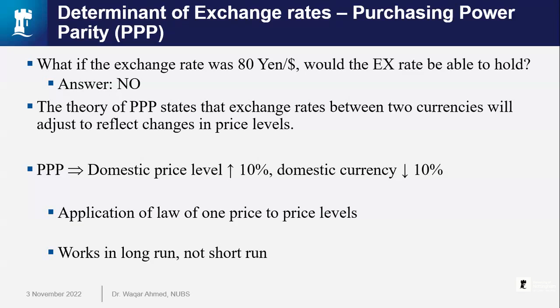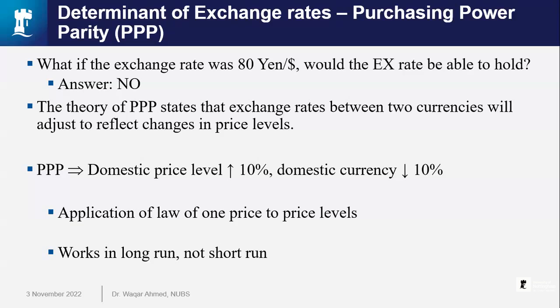So what is this theory of purchasing power parity? It states that exchange rates between two currencies will adjust to reflect any changes in price levels between the two countries. For example, if domestic price levels increase by 10%, you can think of this as inflation, so prices in that country increase by 10%.